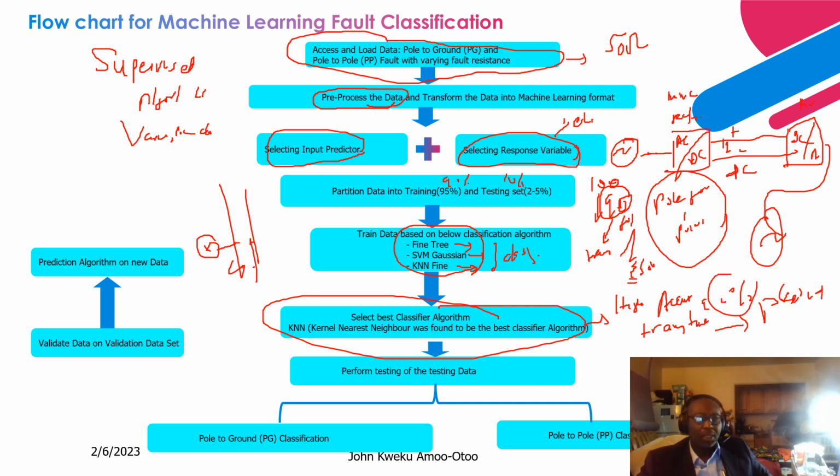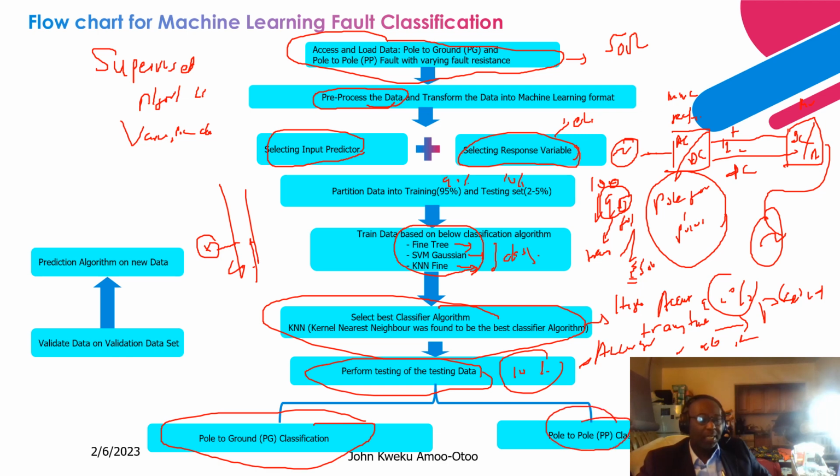Then the next thing is you perform the testing of the data. If it is 10%, then based on the accuracy and cost, you get your classification in a confusion matrix, a matrix format that indicates actual on the vertical axis and prediction.